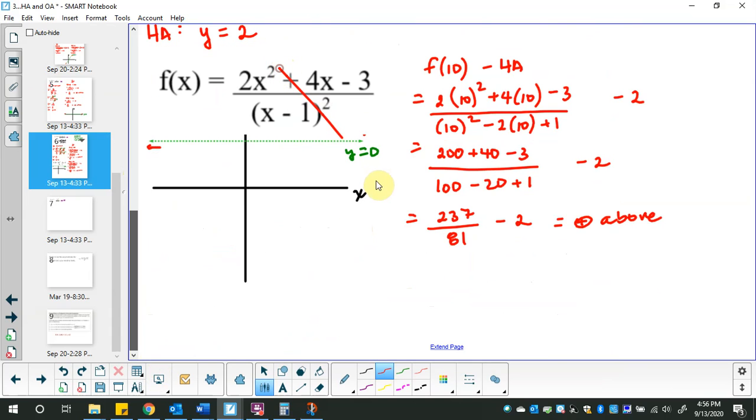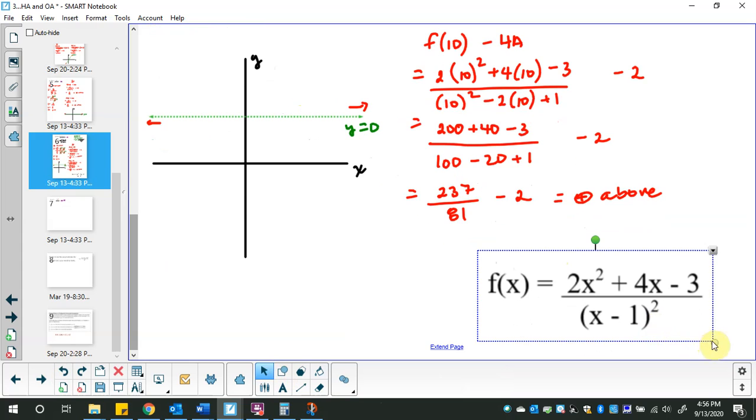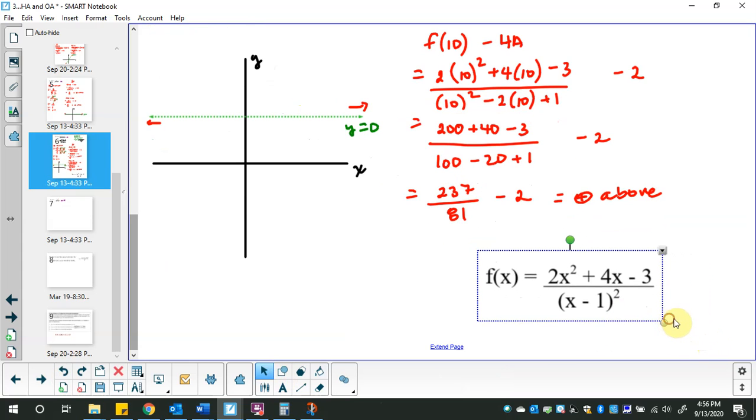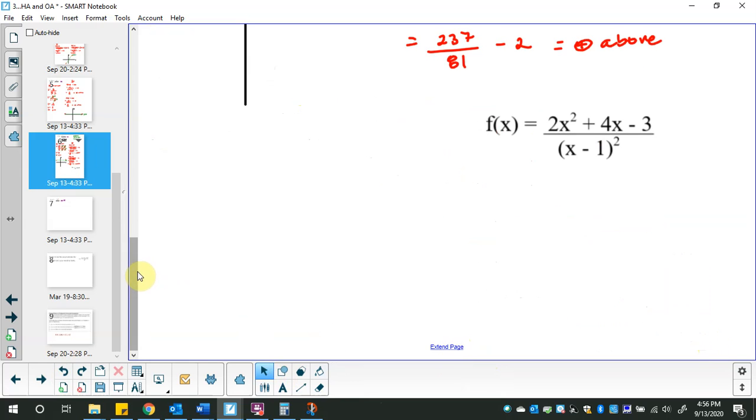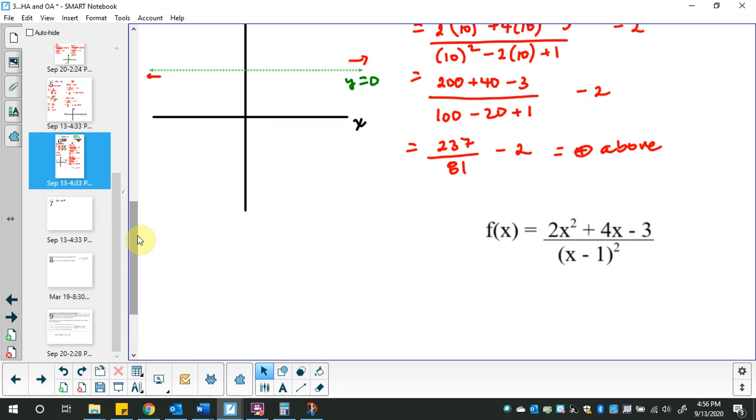I'm going to go back and look at vertical asymptotes with this. Just as a review, because really it's going to be packed together in the next lesson anyhow.